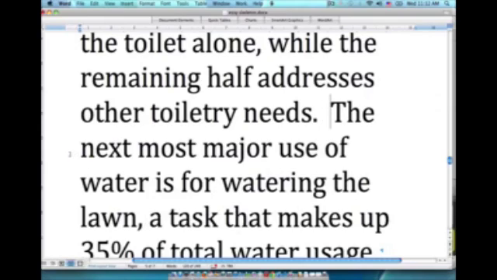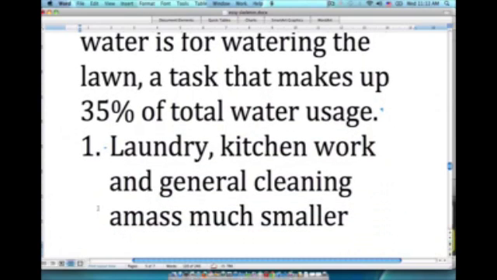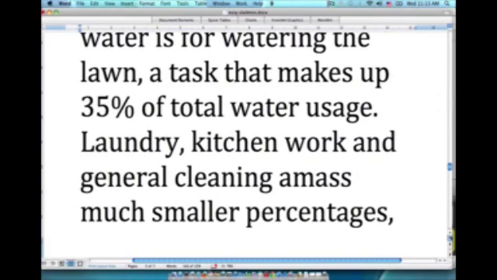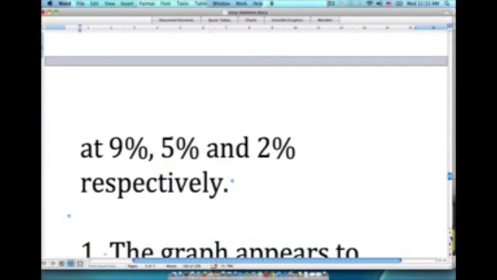The next most major use of water is for watering the lawn, a task that makes up 35% of total water usage. Laundry, kitchen work, and general cleaning amass much smaller percentages, at 9%, 5%, and 2% respectively.